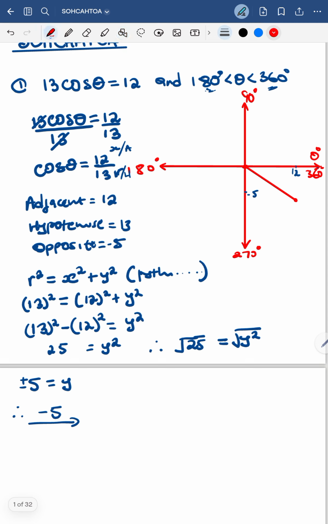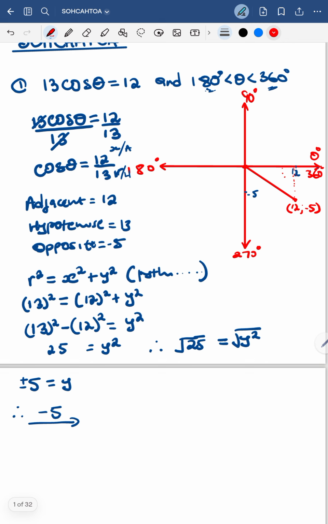Remember, this is our point here. So our point is, what's going on now? Our point is 12 and negative 5. Then now, this is what it's supposed to be. This is our triangle there.